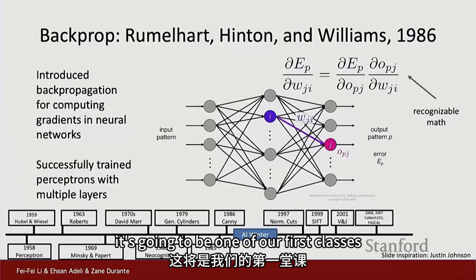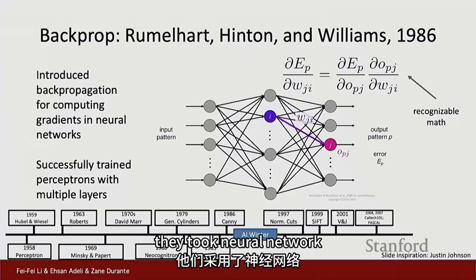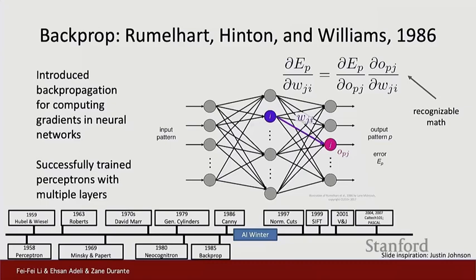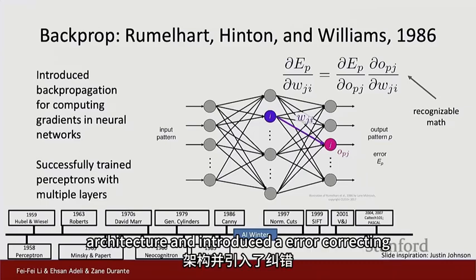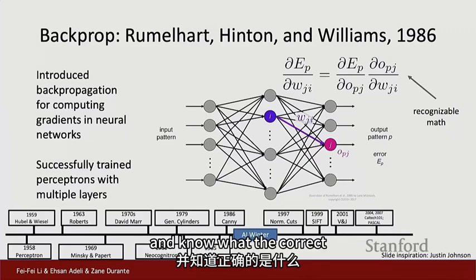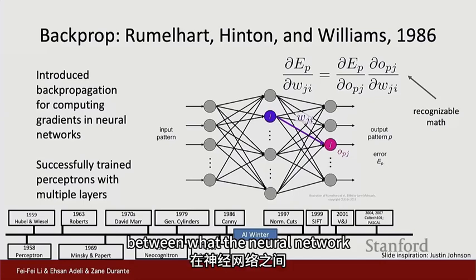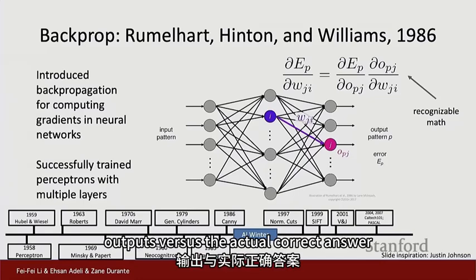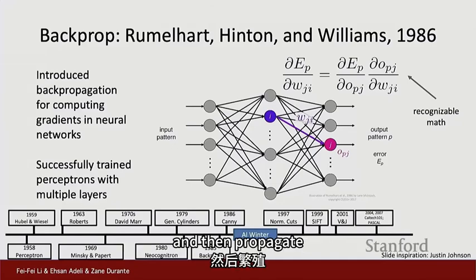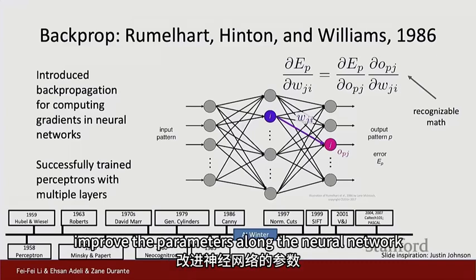It's going to be one of our first classes, to show you that Rumelhart, Jeff Hinton, and colleagues took neural network architecture and introduced an error-correcting objective function, so that if you put in some input and know what the correct output is, you take the difference between what the neural network outputs versus the actual correct answer, and then propagate the information back so that you can improve the parameters along the neural network.